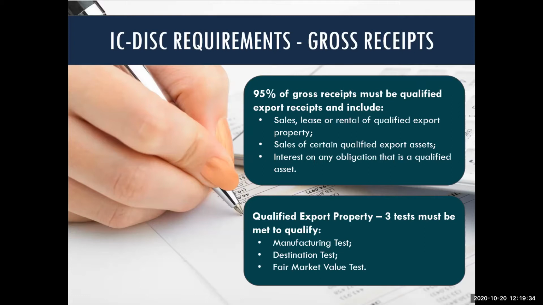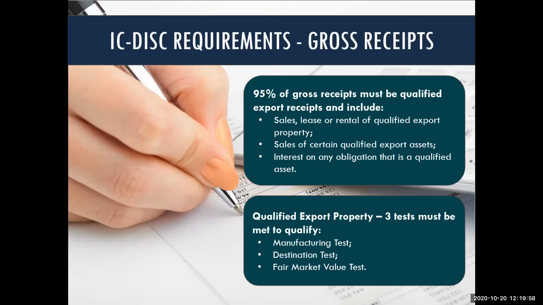As long as it's commission income on qualified export property, the 95% gross receipt test will most likely be satisfied. So that first item there, the sale, lease, or rental of qualified export property, is what we base our commission on, and will pretty much be our only income of the IC-DISC.